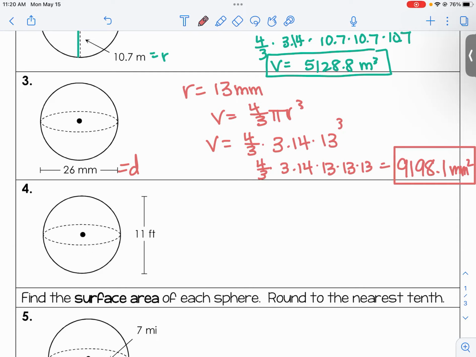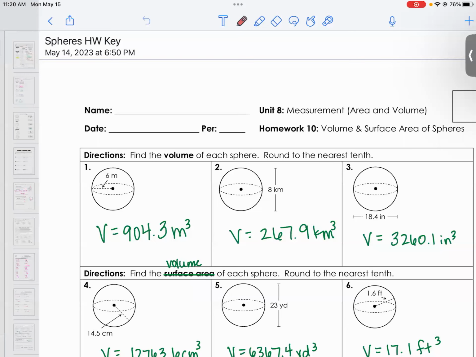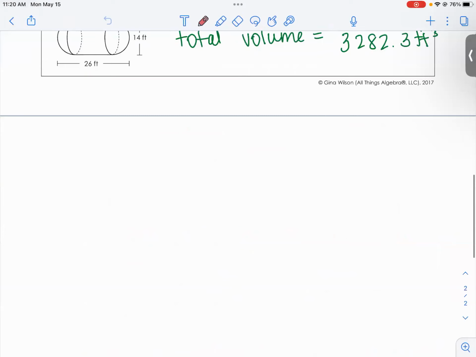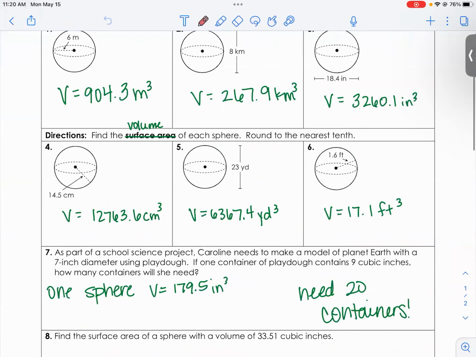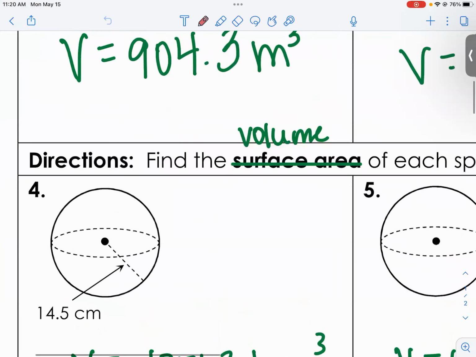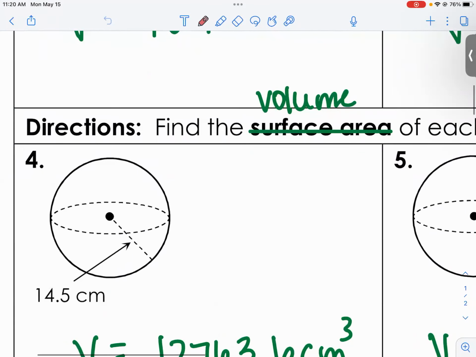All right, so this is what I want you to do. Can you turn to page 14? Okay, page 14 is your homework. What I want you to do though, do you see above number 4, it says find the surface area? Can you cross that out and write volume? I want you to find the volume on number 4, 5, and 6.